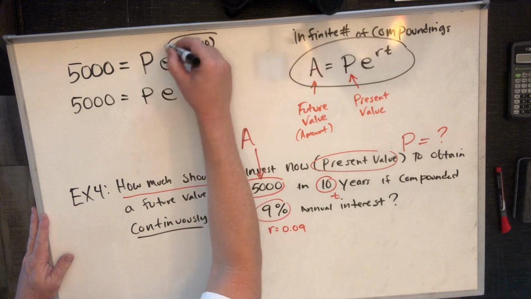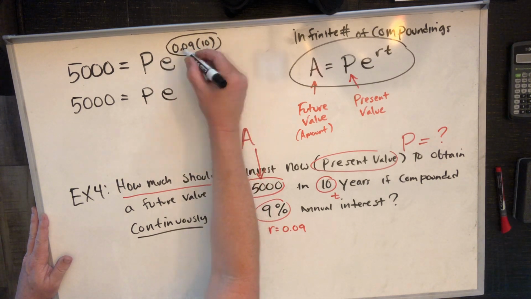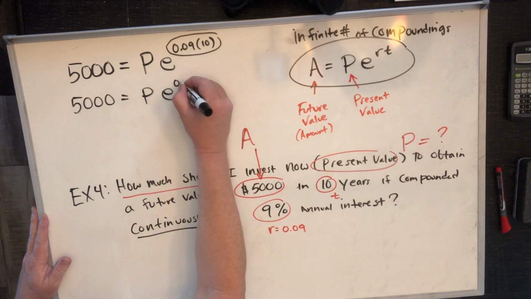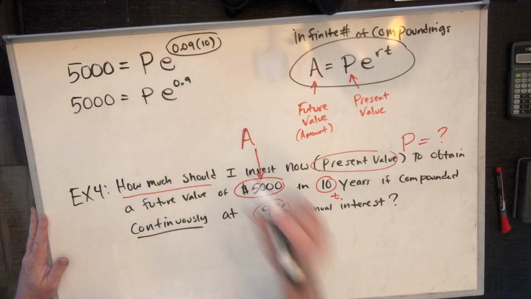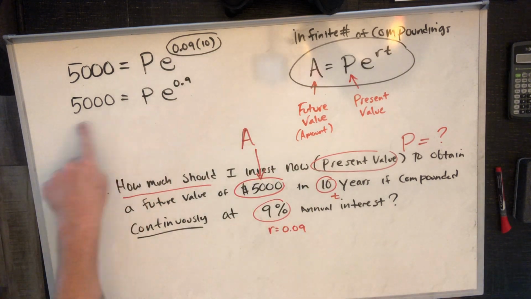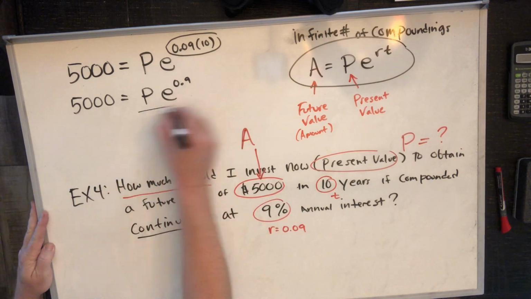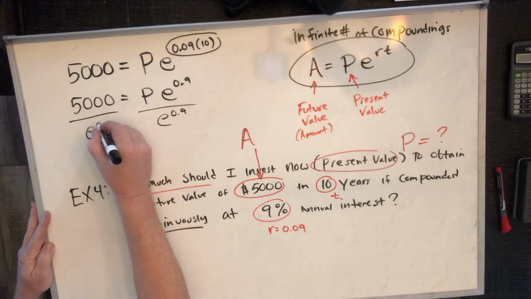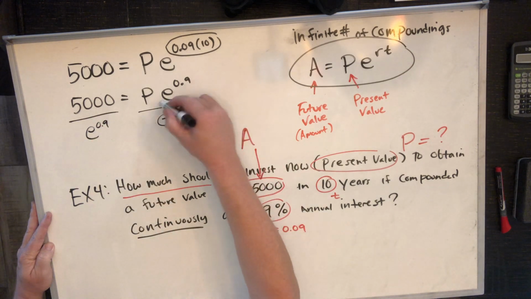I guess there's two steps if you think about this as being a step. First, we want to simplify the exponent. We can do that one in our head. 0.09 multiplied by 10 is just 0.9. So now it becomes just a one-step problem. We're going to divide both sides by e to the 0.9 power.